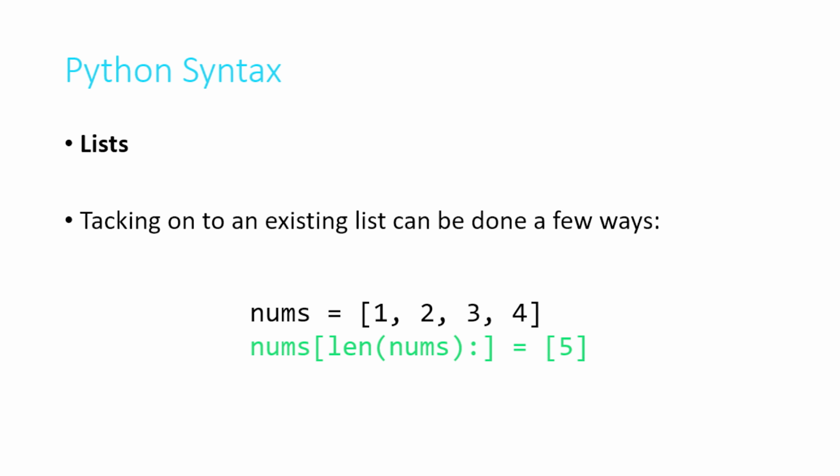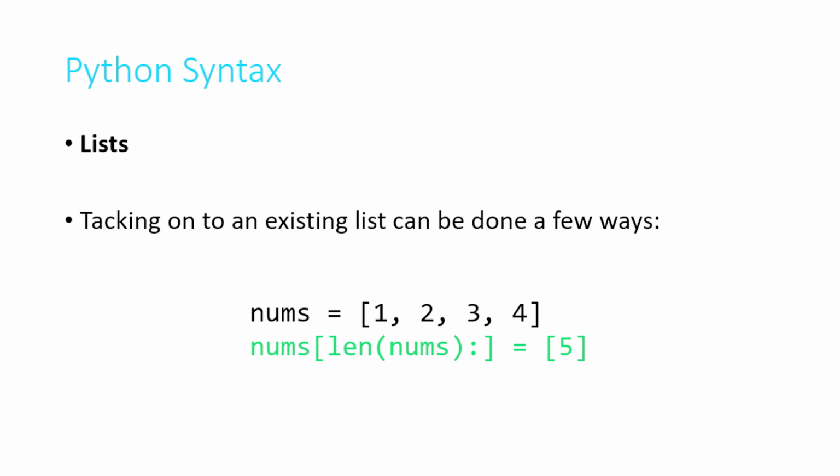This also does the same thing. nums[len(nums):] = [5]. A little bit weirder, but basically what we're doing here is we're creating another list, effectively, and we're splicing it on to the one that exists before. So I'm creating a new list.